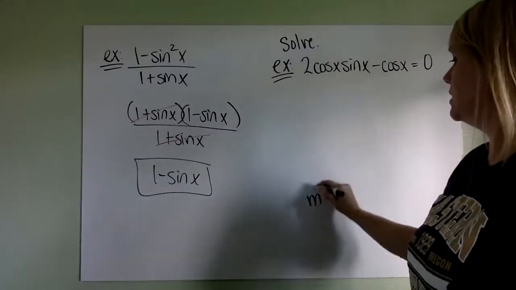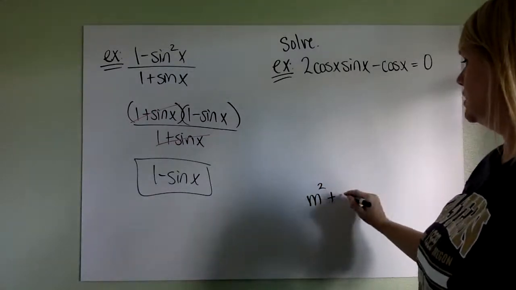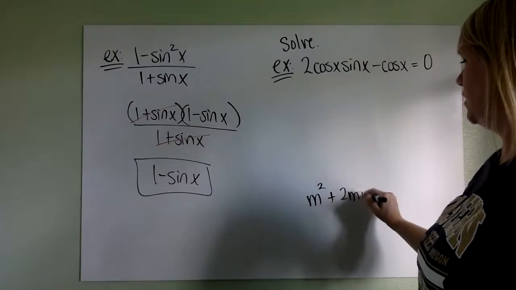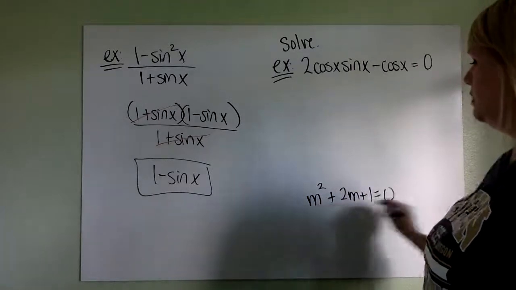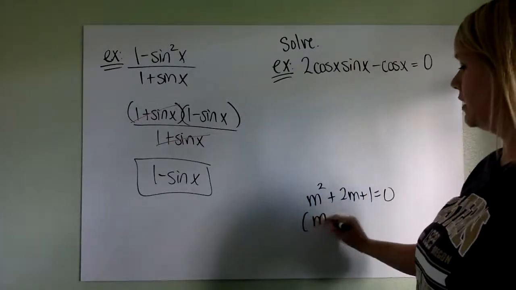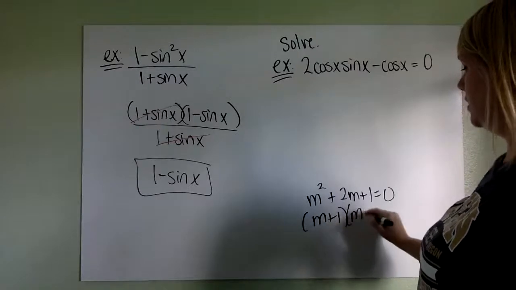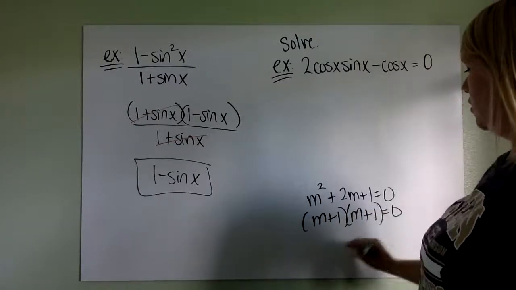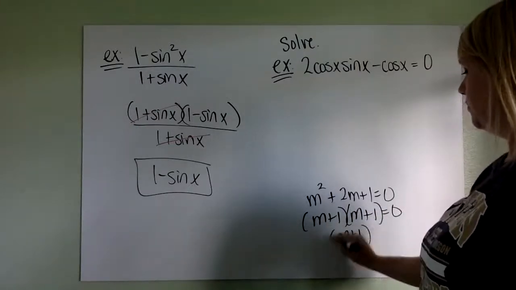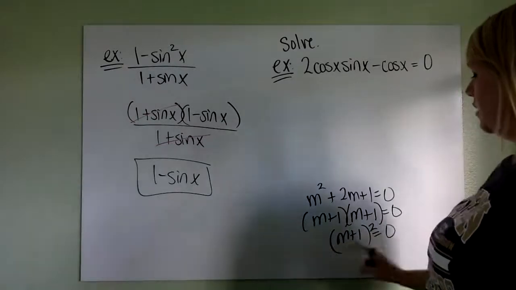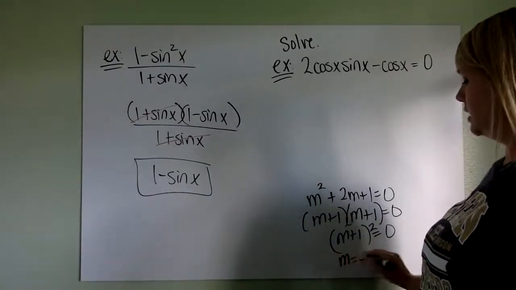When we're solving this equation, let's see, it was 2m plus 1 equals 0, right? If I'm solving this equation and I factor it to m plus 1, or m plus 1 squared, then I would solve this and get m equal to -1, right?